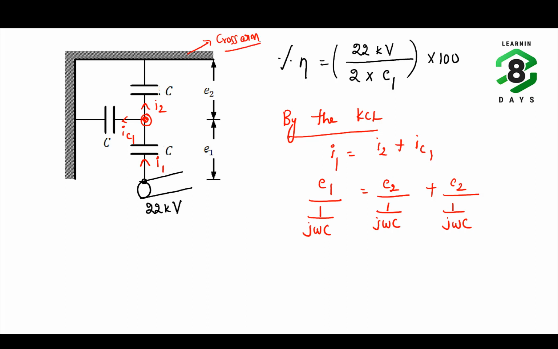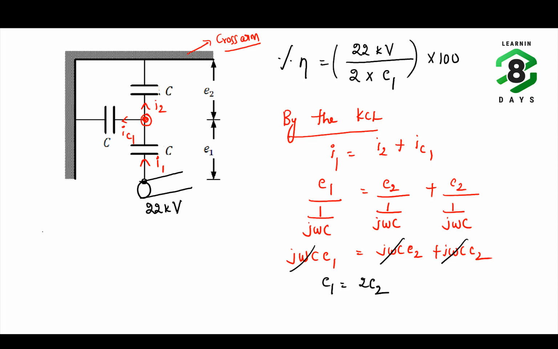Okay. Next. So if you simplify this, what are you going to get? j omega C E1 is equal to j omega C E2 plus j omega C E2. If you cancel j omega C terms, you are going to get E1 is equal to 2 E2.